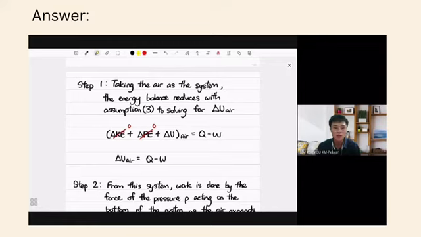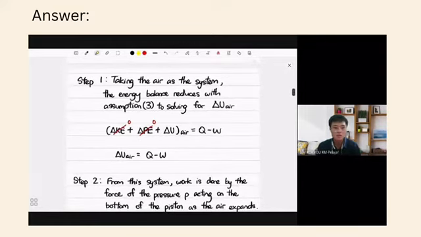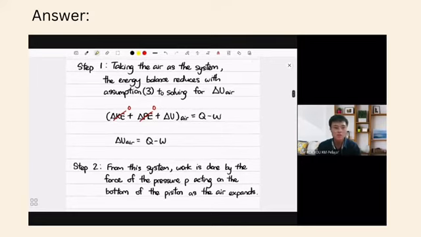Through the energy balance, we can cancel out the change in kinetic energy and the change in potential energy. So it leaves us with the equation: the change in internal energy of the air equals the heat transfer minus the work done.